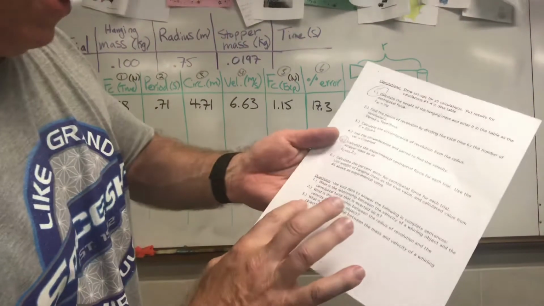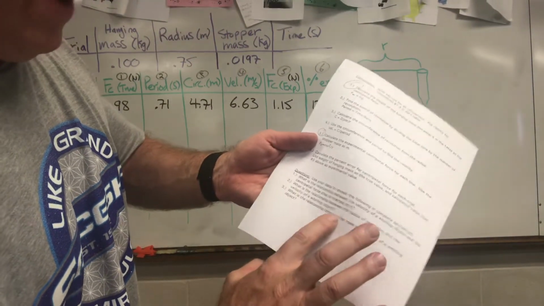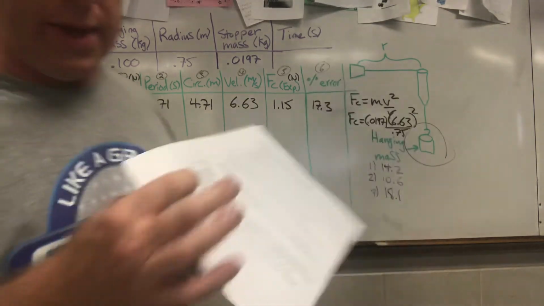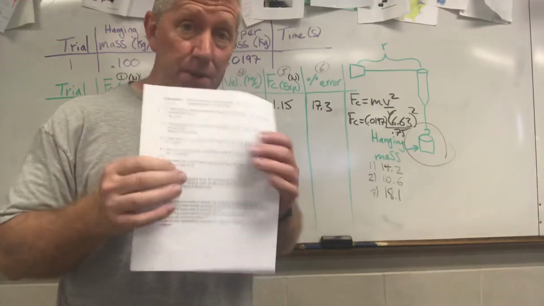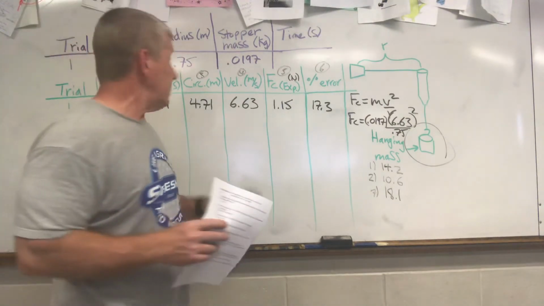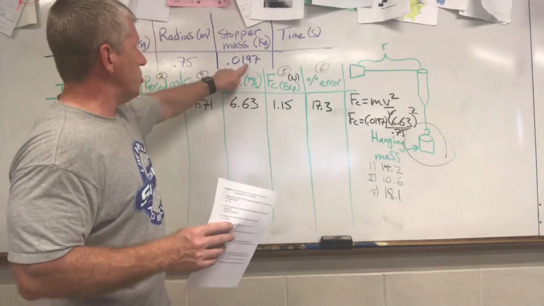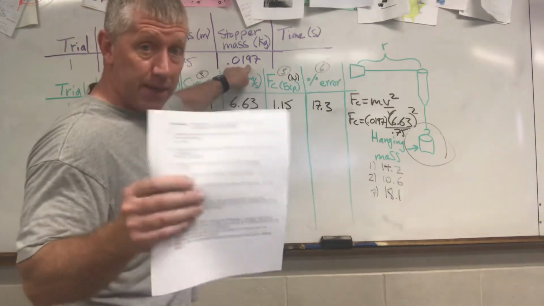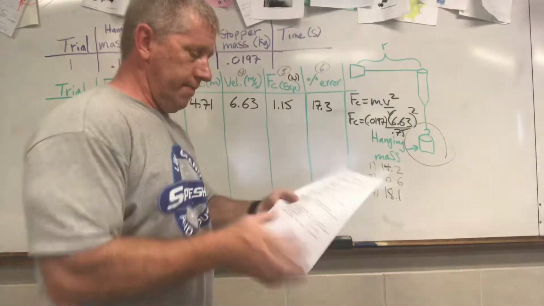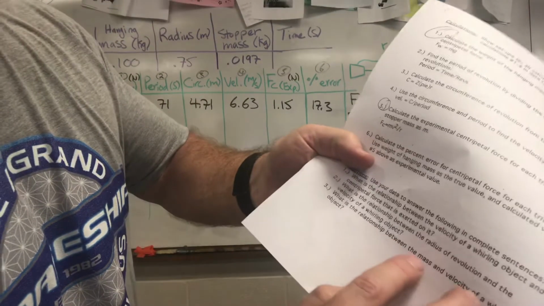Then for the third question, what's the relationship between the mass and the velocity of a whirling object? The whirling object is the stopper. So the mass of the stopper, not the hanging mass. You're looking at the data table for number 3 and comparing it to the velocity of the whirling object.